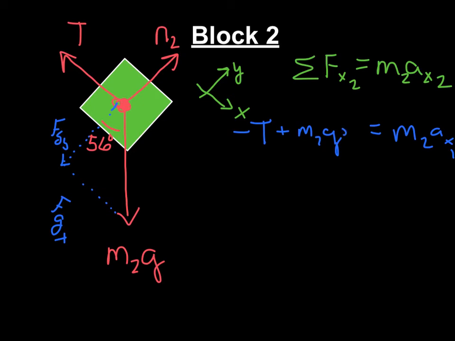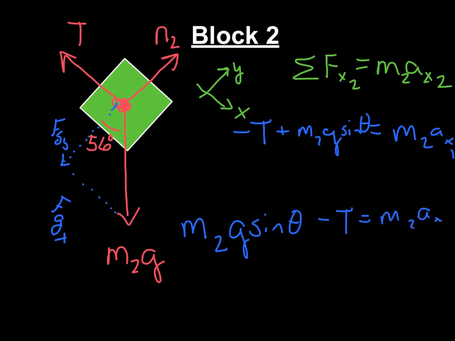So m2g sine theta. If I rearrange it so I can write it easier: m2g sine theta minus T equals m2a_x2.